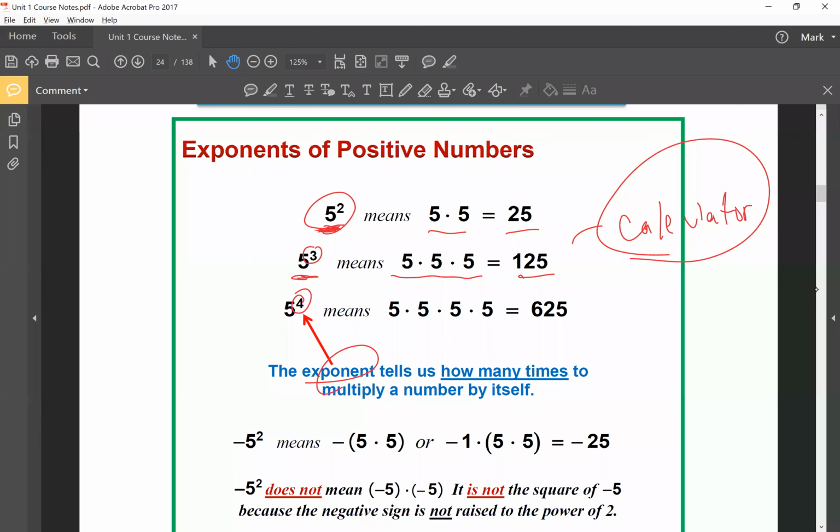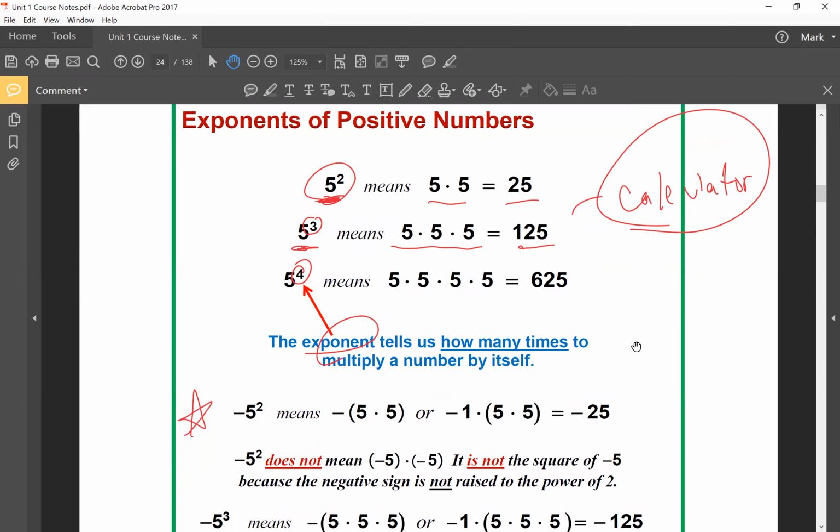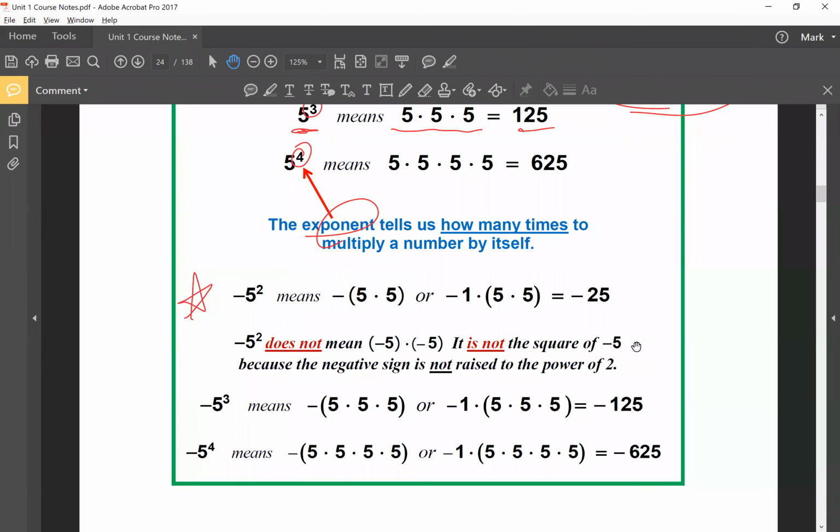But this is where it gets tricky. Watch out for integers and how they're represented. If I write this down, -5 squared, that means the negative is not part of the squared. And you'll see what I mean in a minute. How am I going to explain this?